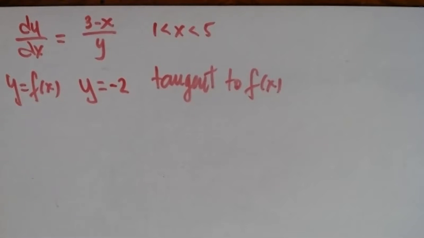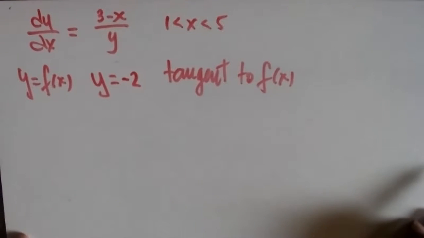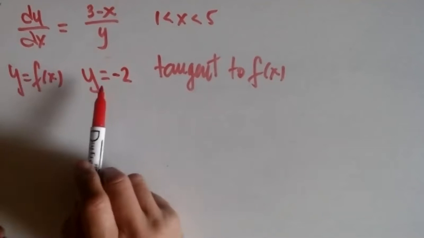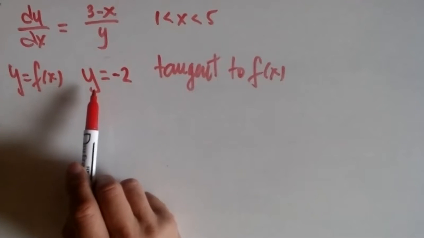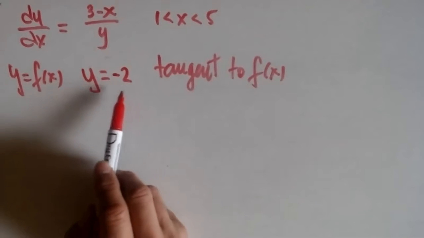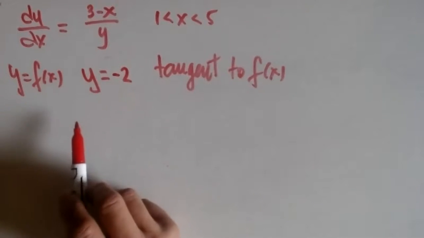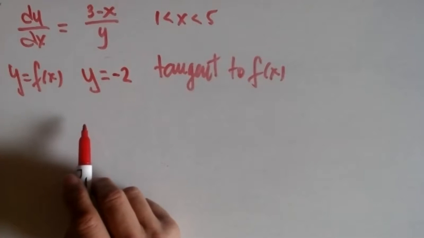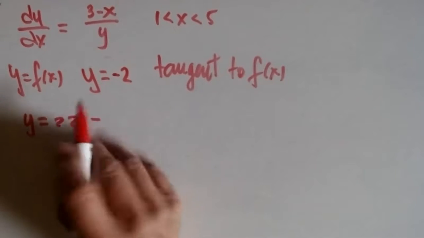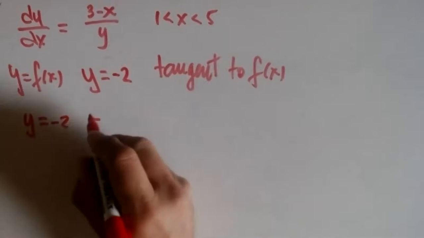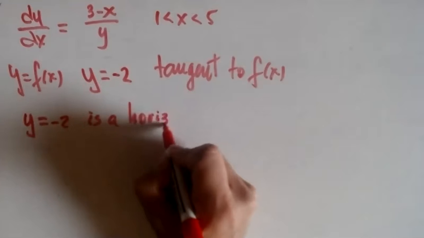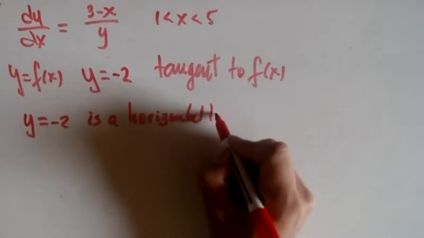Okay, so how do we solve this first? The first thing is to find the x-coordinate of tangency. So y = -2 is a horizontal line.